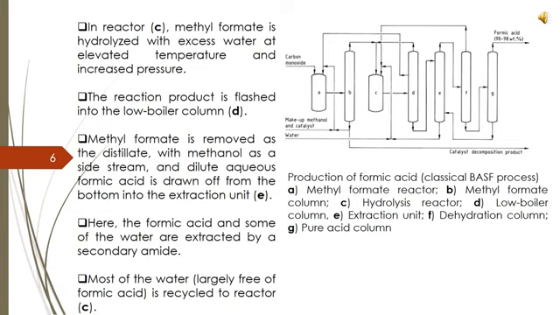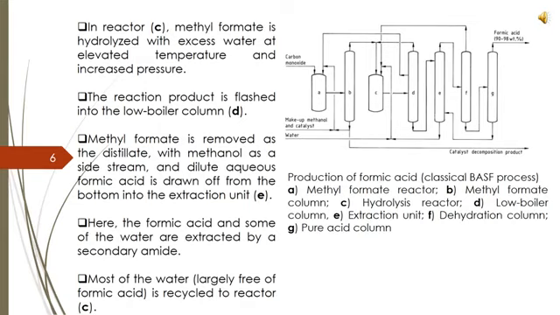Now the dilute aqueous formic acid that is drawn off from the bottom of D is sent into the extraction unit E. This should be very clear: at the bottom there was dilute formic acid that is fed from D into E, and you can trace the way by an arrow moving from the bottom of D to the side of the extraction unit.